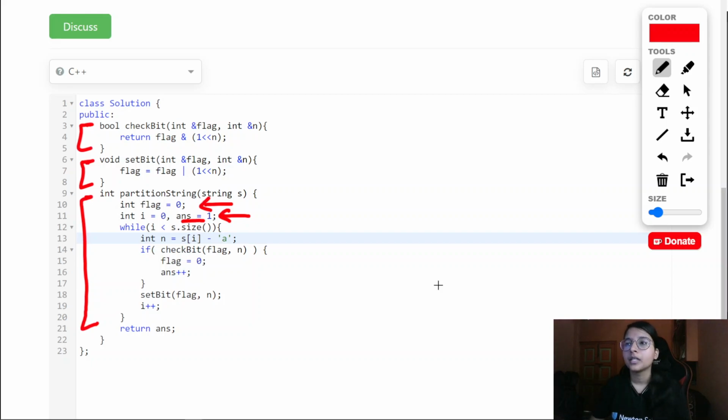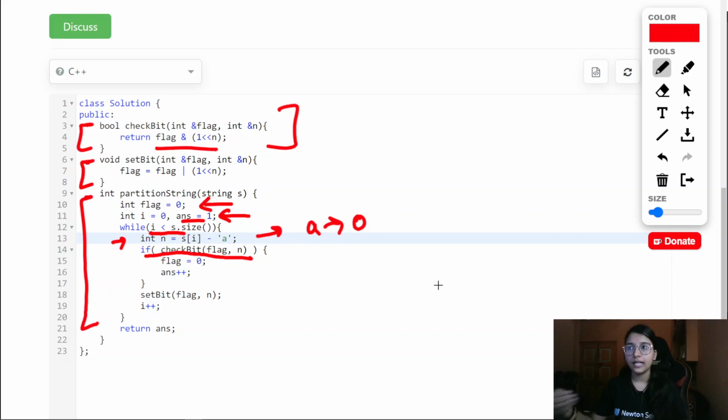Now comes the next part, where we iterate over each character of the string. Here we are basically converting A to 0. Then we check whether that particular bit is set or not. For that, this particular function would be called. This is the same thing which I was saying at the start.